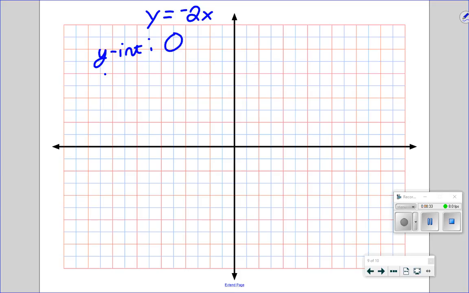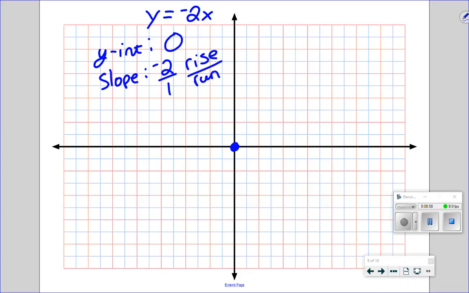Your slope in this case is -2. So think of that as -2 over 1, so your rise is -2 and your run is 1. As you go down 2, you'll go over 1, but in this case we're going to start at 0, 0, the origin. So when you don't see a y-intercept, it's not that it doesn't exist, it's 0. It passes through the origin.